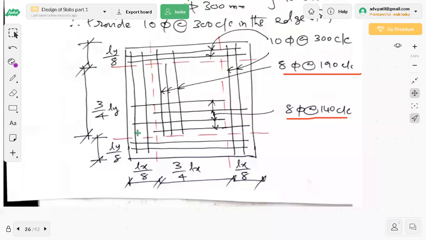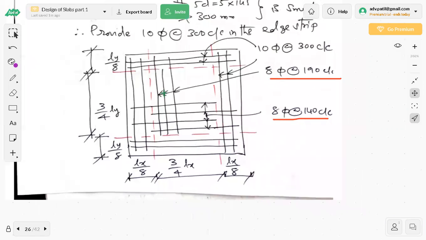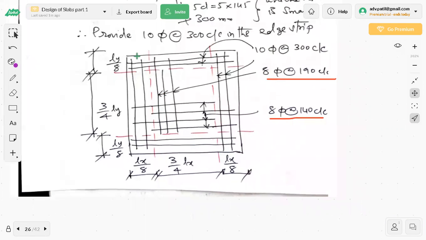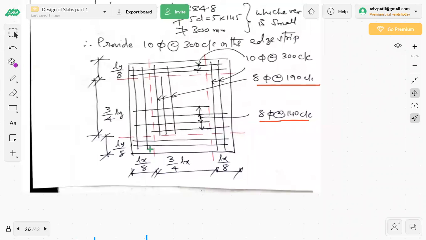Their spacing is 300 mm center to center. In this way, I have to calculate. It means in order to draw this figure, you need three AST values: ASTX, ASTY, and AST minimum values. Using three values only, I am able to draw this steel reinforcement detailing accurately.